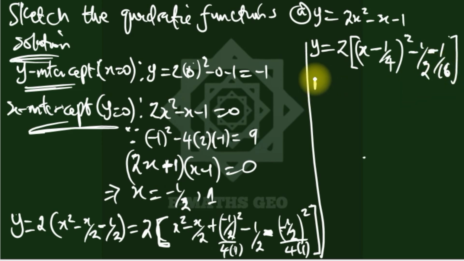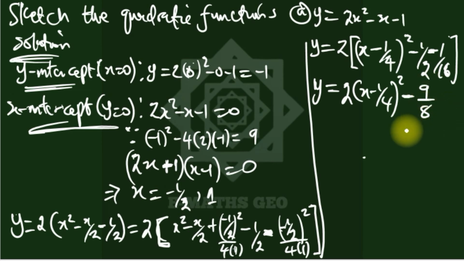So I have y equal to, we can open up, we have 2 times x minus 1 over 4 all squared, minus 1 over 2 minus 1 over 16 is minus 9 over 16. 2 times minus 9 over 16 is minus 9 over 8.